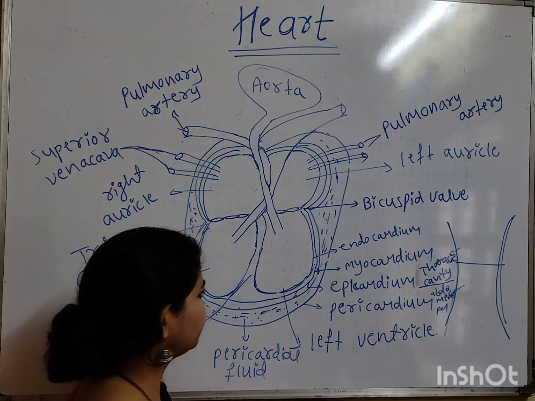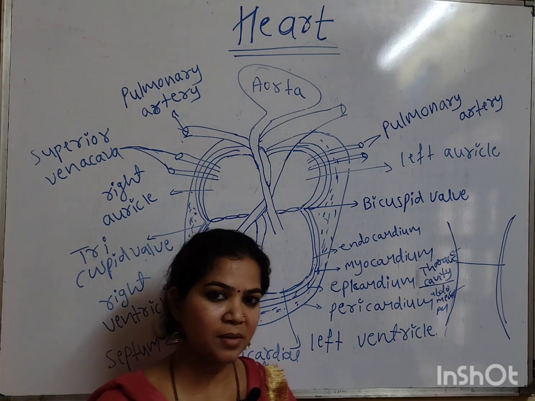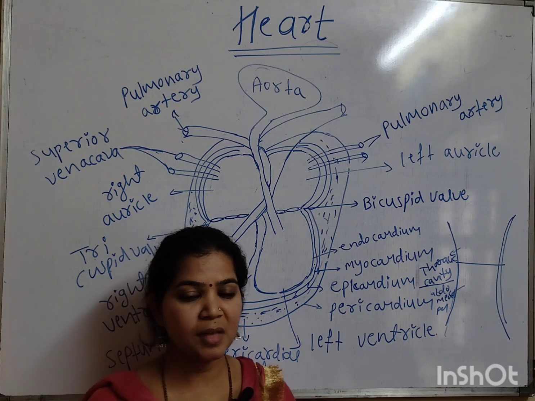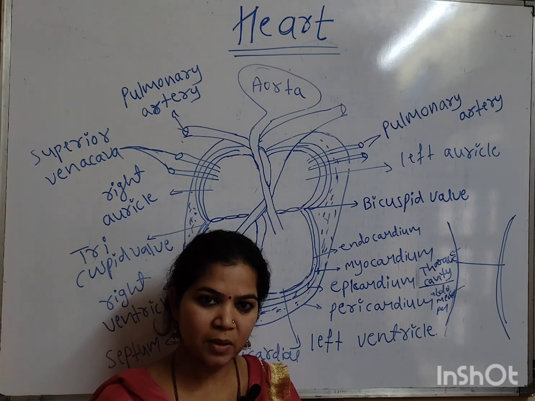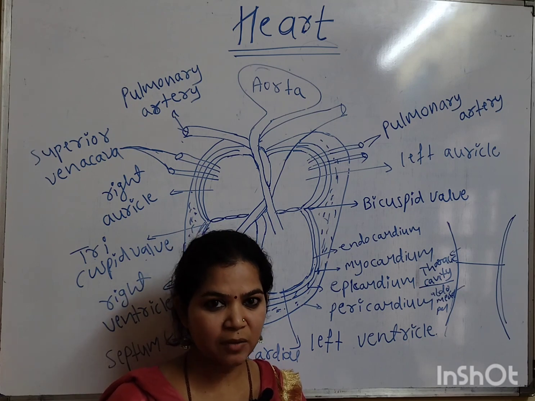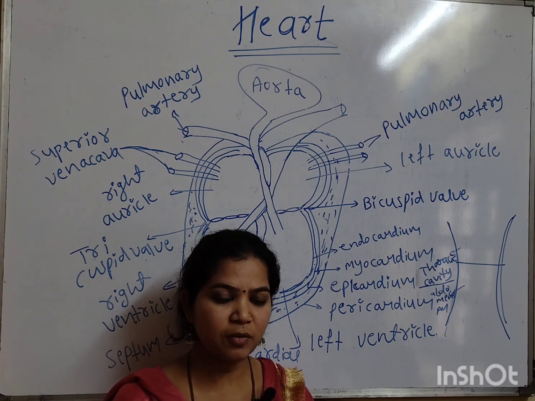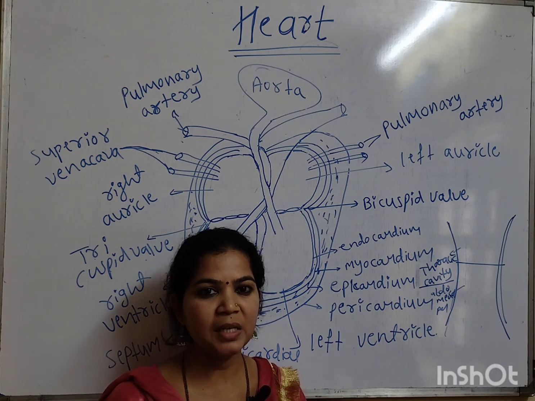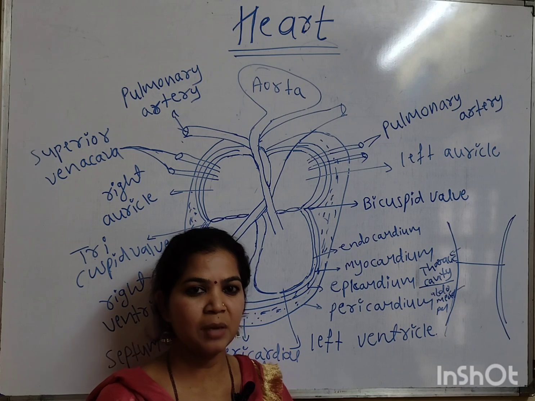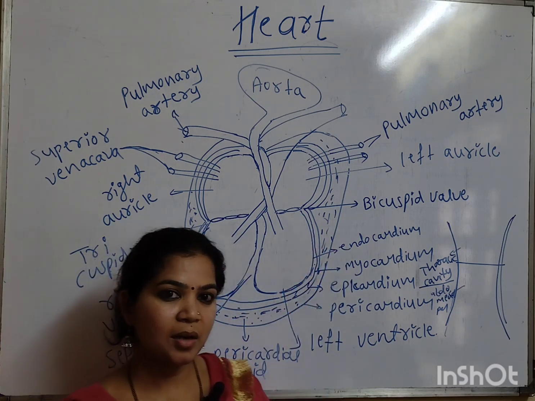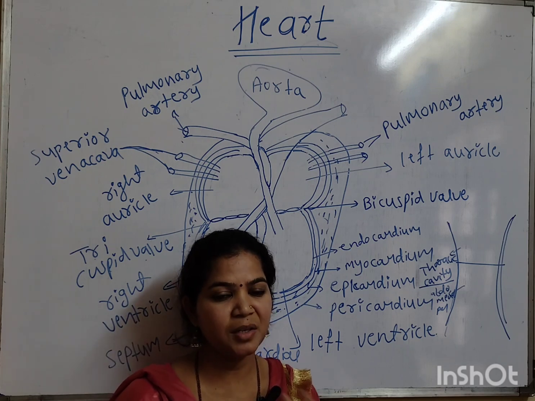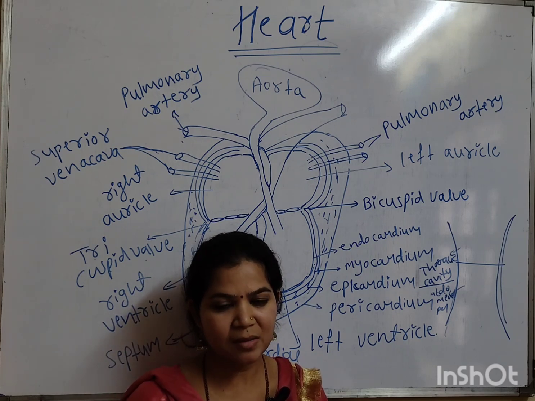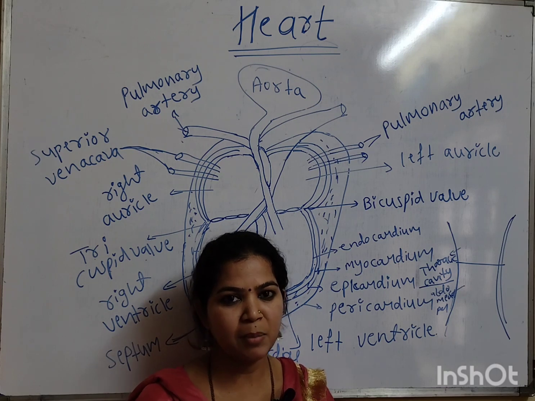Along with blood, the heart circulates essential nutrients, food, oxygen, hormones, and vitamins, all of which flow through the blood.